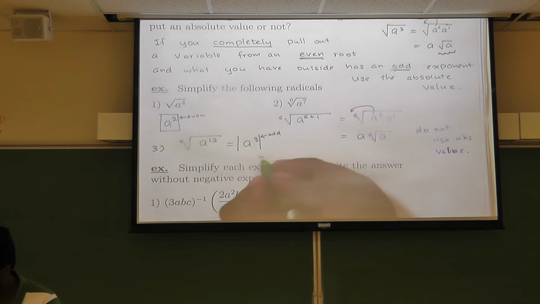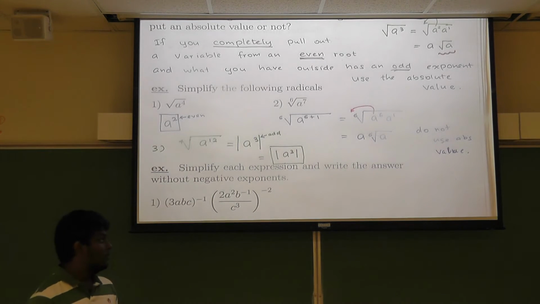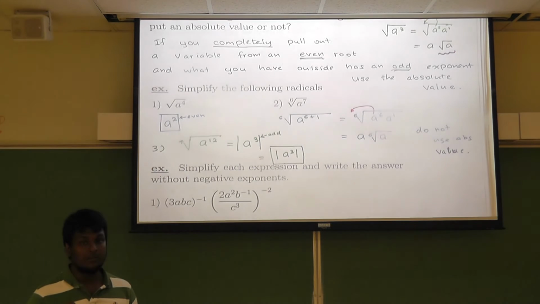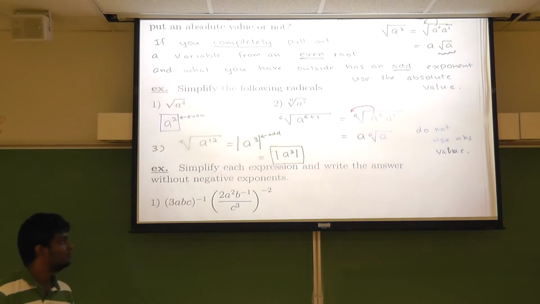So the answer for this is the absolute value of a to the power 3. I believe that together with doing more examples should make you familiar with this new concept, and make sure you always check it when you have an even root. Okay.